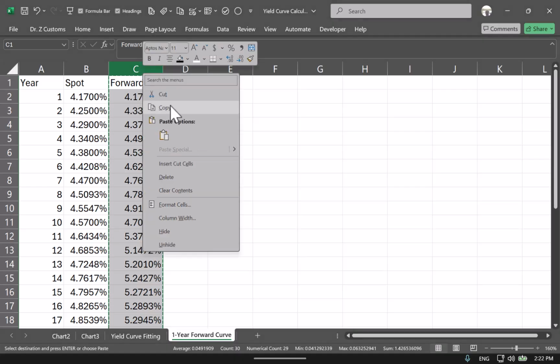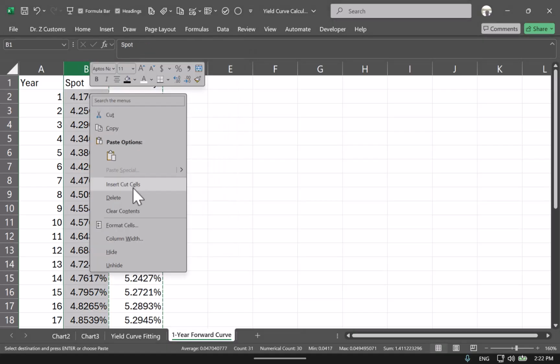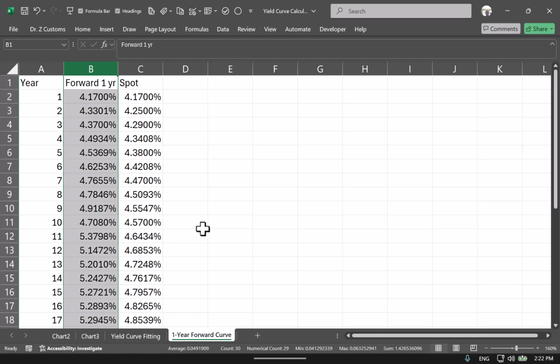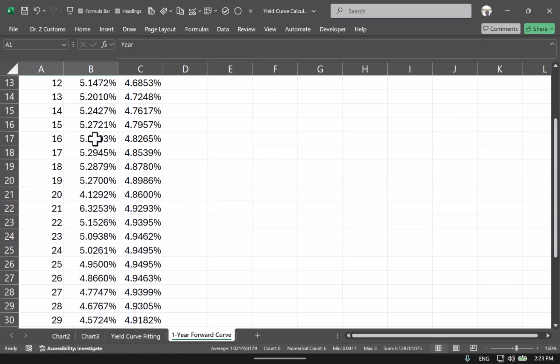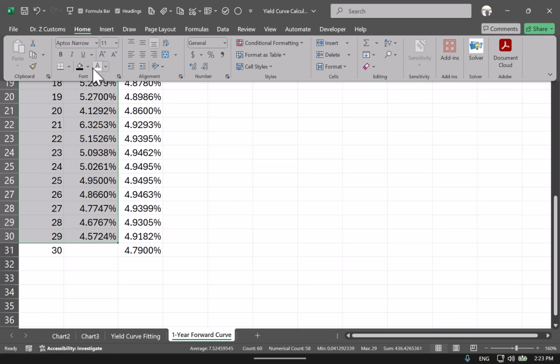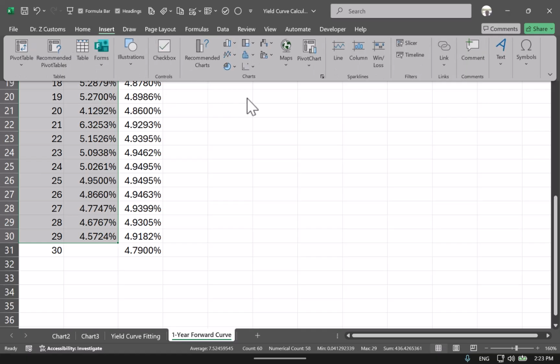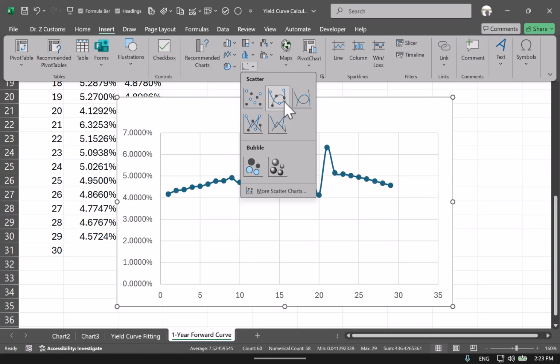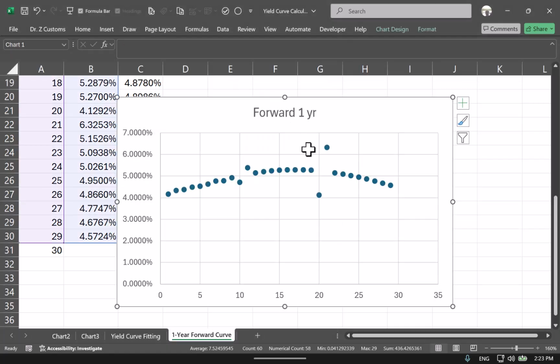If you want to switch them, cut the entire column, insert it back where you want. I did this so that I could do a graph of this. Don't worry about that, but normally that shouldn't happen.